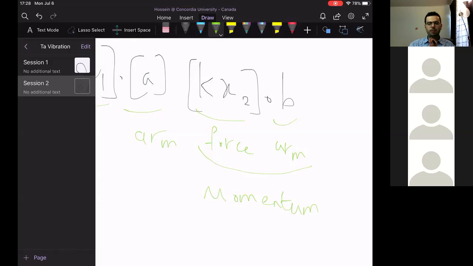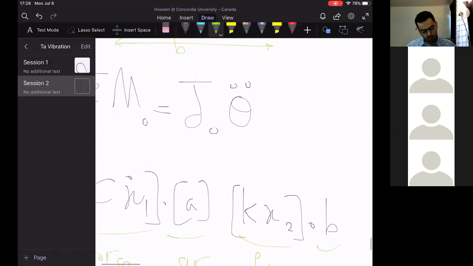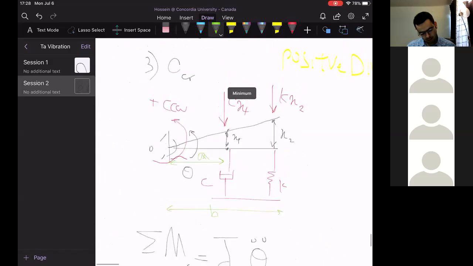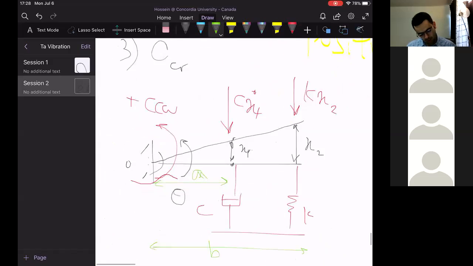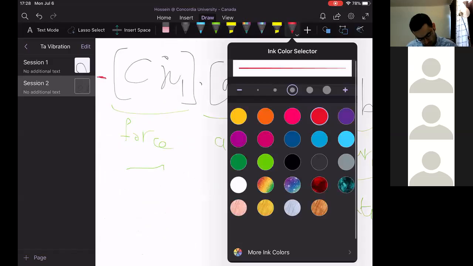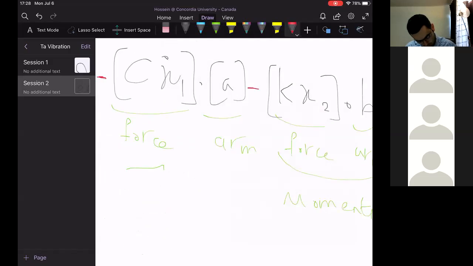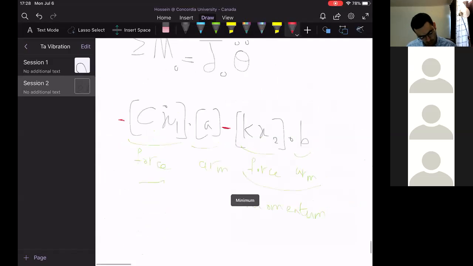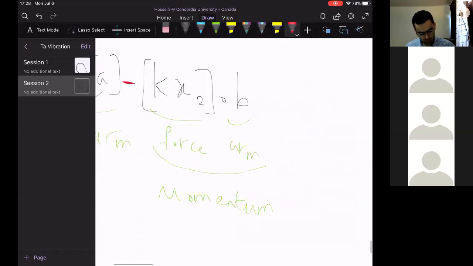Since the multiplication of the spring force and arm creates a clockwise moment, you have to put a negative sign. And here, which is equal to J around O times theta double dot.